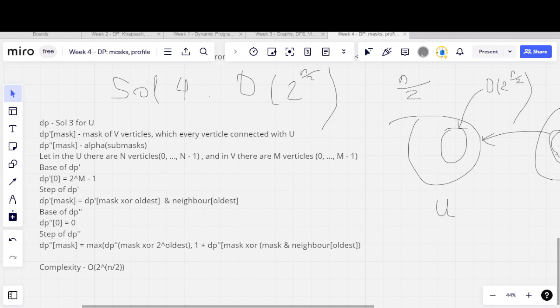This topic, the bitmasks, works in theory, I think.